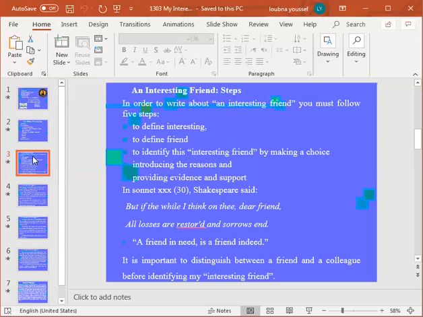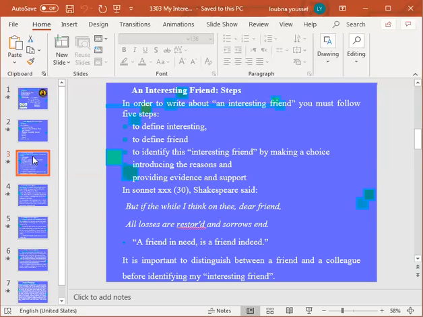Now, I have a quotation on this slide from Shakespeare. And of course, being students of English literature, you know who Shakespeare is. He wrote Hamlet, Macbeth, Othello, and a lot of other plays, but he also wrote sonnets. Sonnets are 14-line poems.